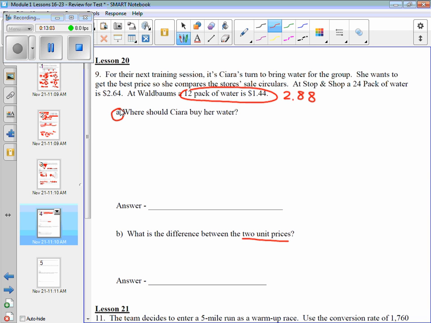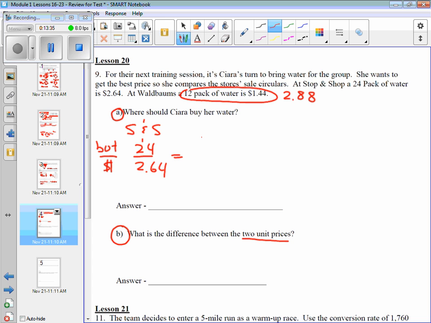However, since we have to compare unit prices down here, I'm going to go ahead and find the unit price for each bottle of water at each store. So we'll start off with Stop and Shop. Set up a template, bottles over cost. Stop and Shop, we're going to have 24 for 264.